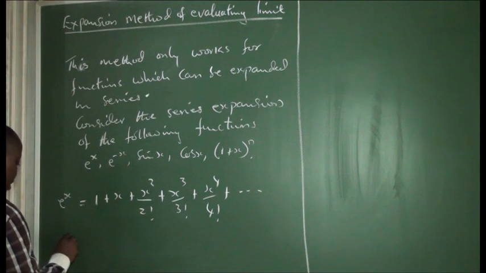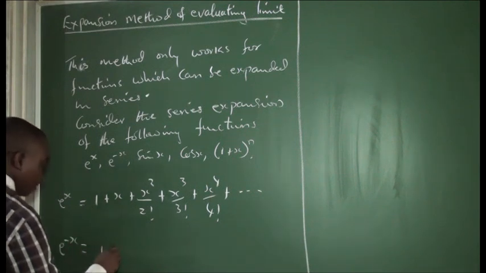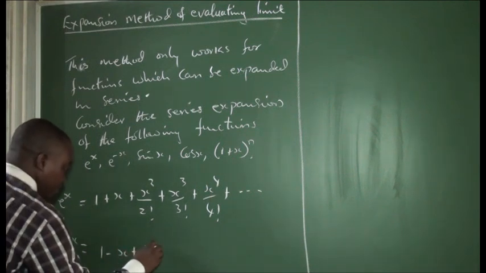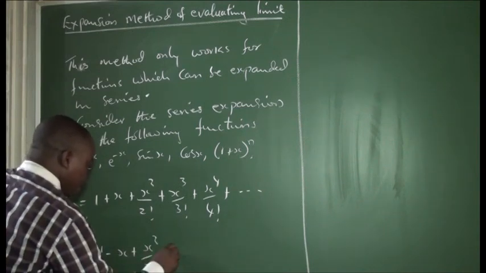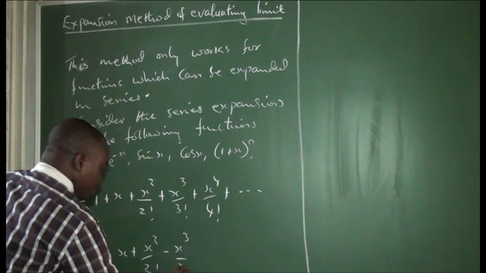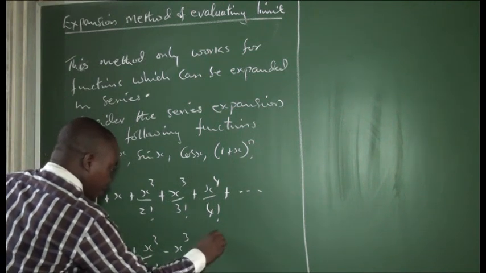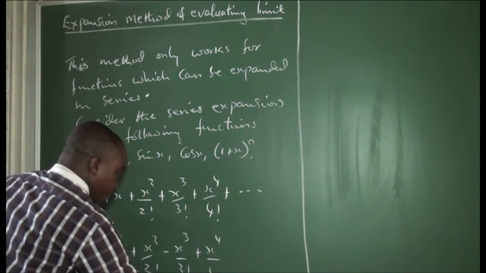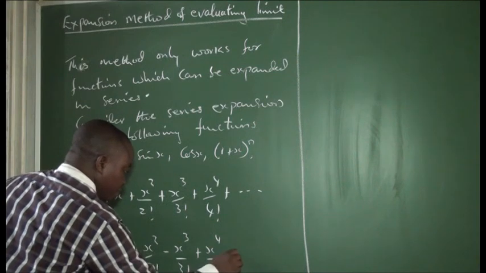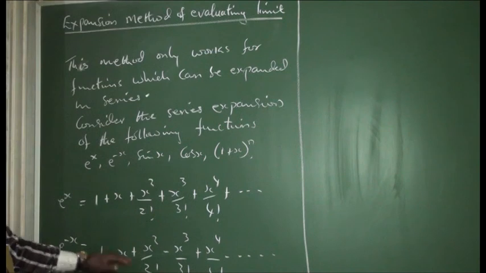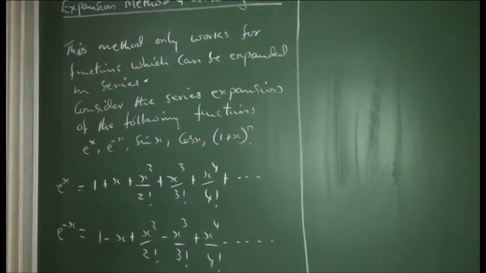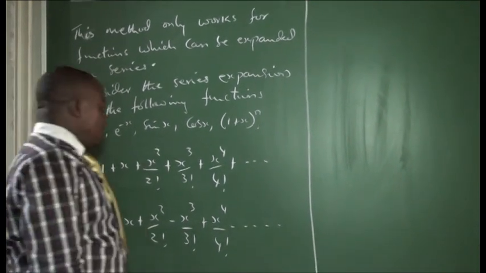Then, exponential minus x is 1 minus x plus x squared over 2 factorial minus x cubed over 3 factorial plus x raised to the power 4 over 4 factorial minus, and it continues in this way. This is the expansion of exponential minus x.